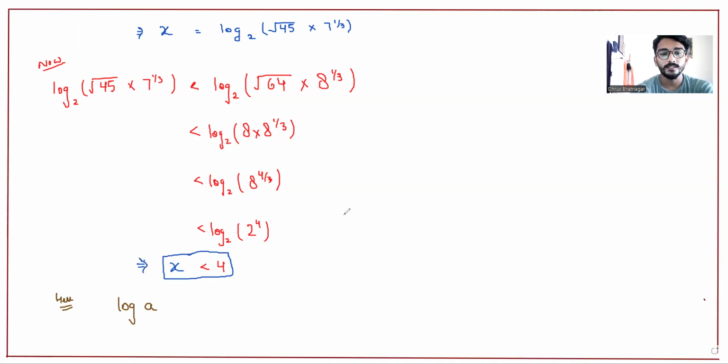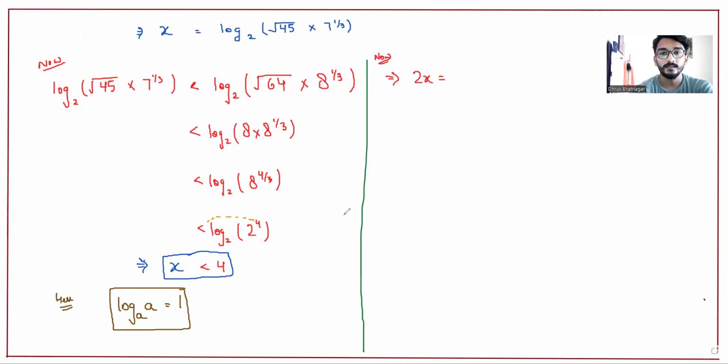The identity used here is log a with the base a equals 1, because you can see when the power 4 is taken outside, I will be left with log 2 base 2, and that would be 1. Second way is I can say that double of the equation can be written like this.